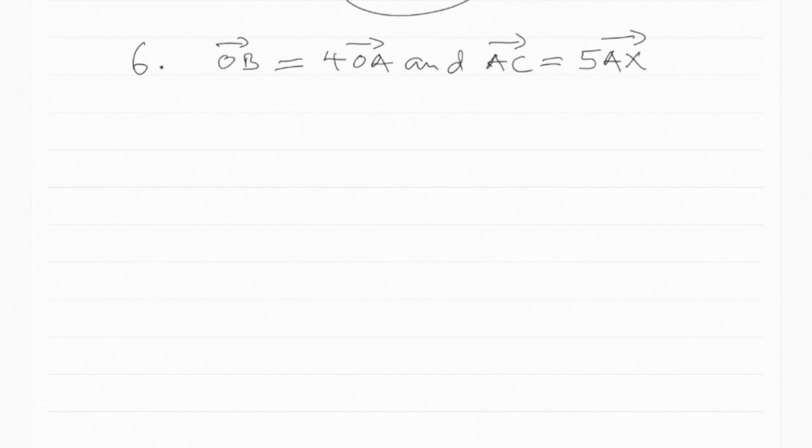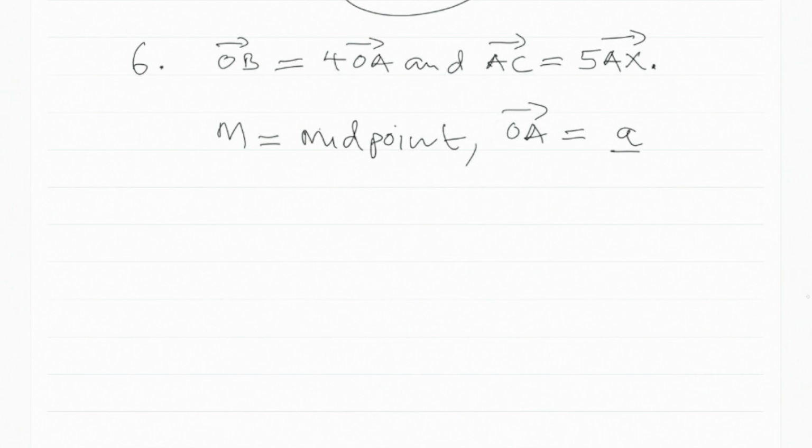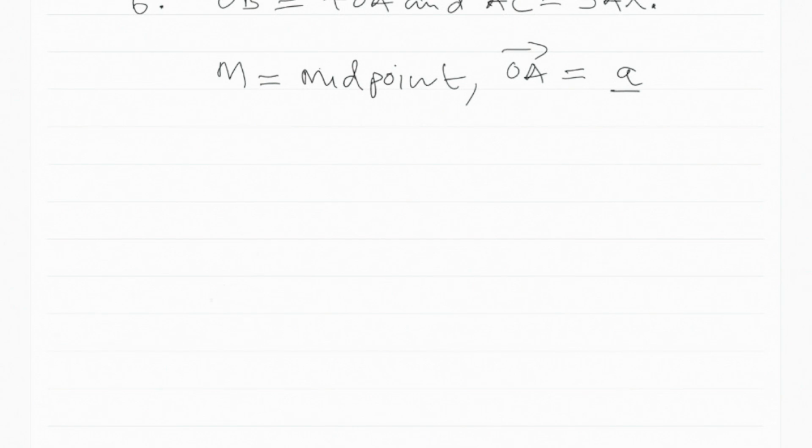This is our last question in this episode, and so I want you to pay particular attention before we move on to another part. So M, which is the midpoint of BC, when you look at the diagram given, and they are saying M is the midpoint, and OA is the vector A. So let us now illustrate this information in the diagram. Allow me to draw it here.